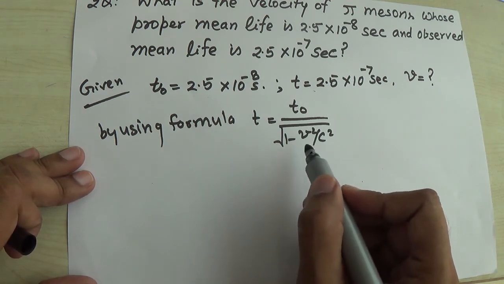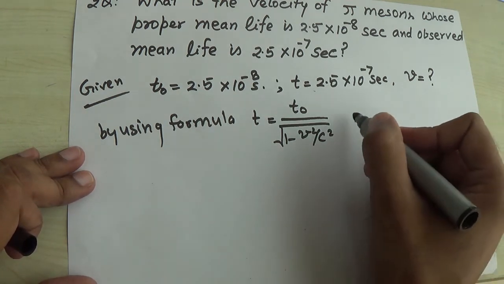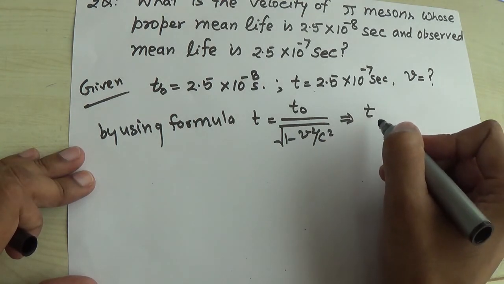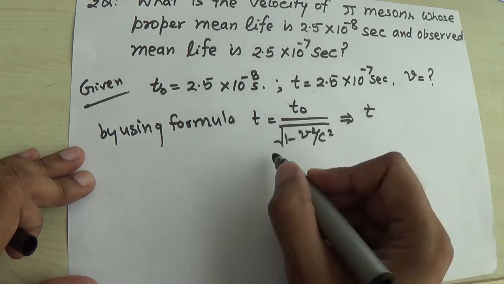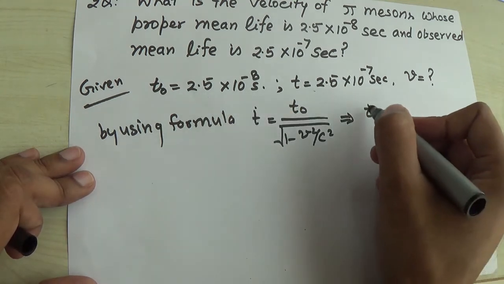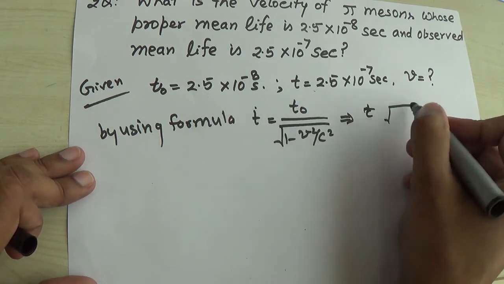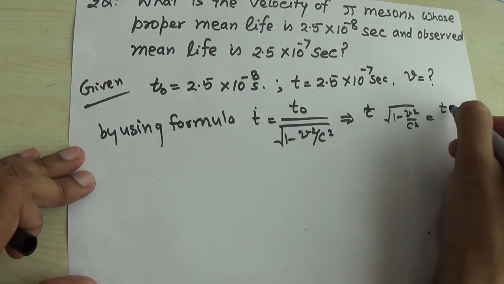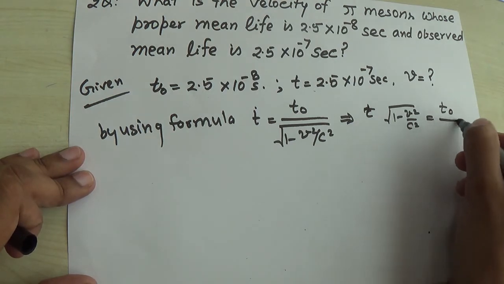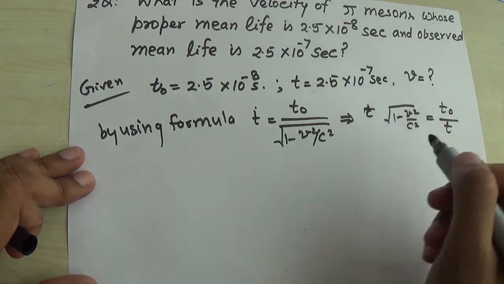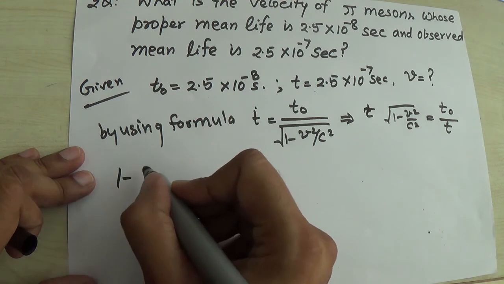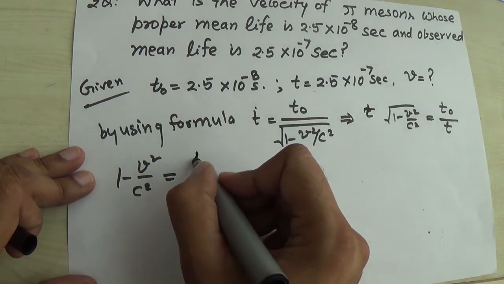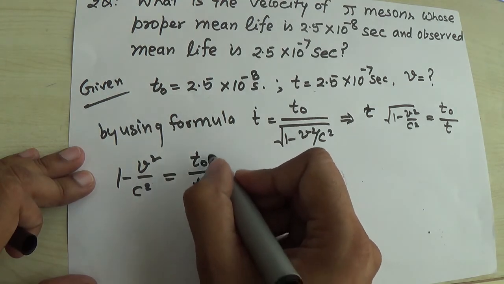So just rearranging the terms, so square root of 1 minus v square upon c square is equal to t naught upon t, and now squaring both sides, it becomes 1 minus v square upon c square is equal to t naught upon t whole square.